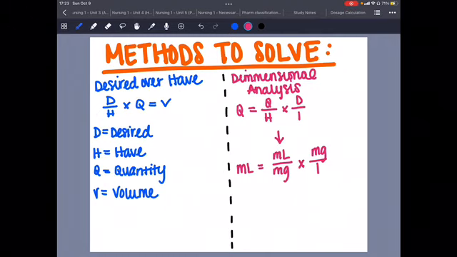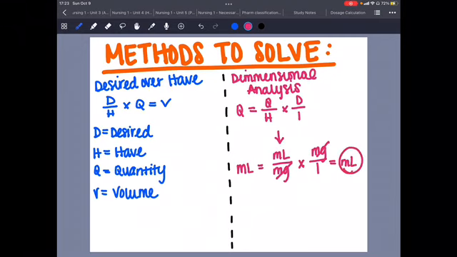You're going to put that over 1. In dimensional analysis, when you're multiplying, you multiply across. So the mg is going to cancel, so you end up with the mL that you were looking for. It may sound a little confusing at first, but it should start clicking once we get into these type of problems.